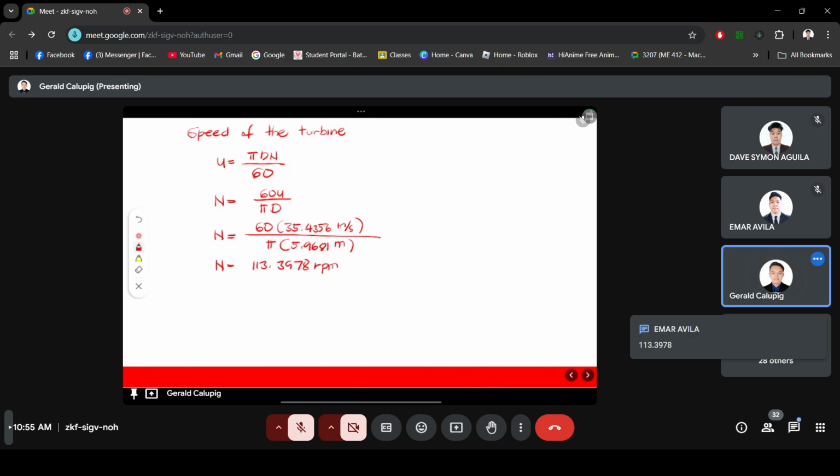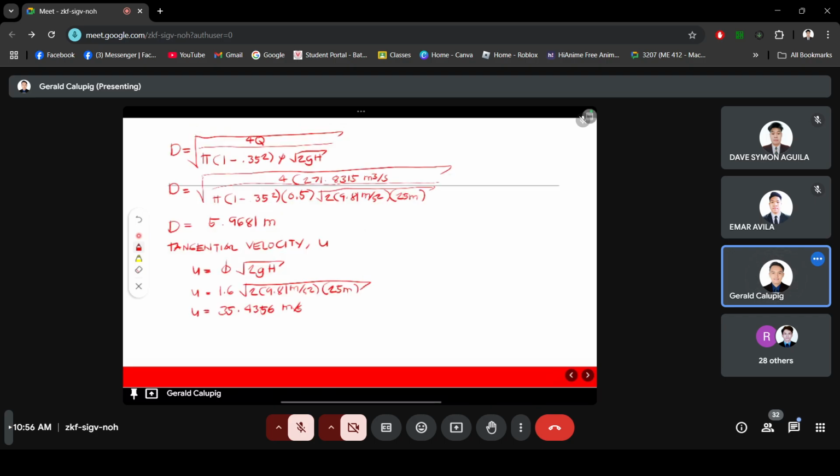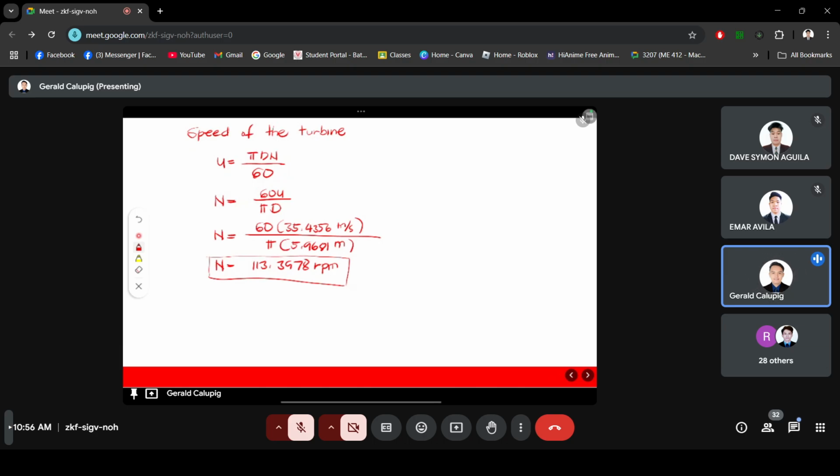Okay, thank you. So we have here the speed of the turbine and the outer diameter, which is ang D natin is 5.9681 meters and our speed is 113.3978 RPM.